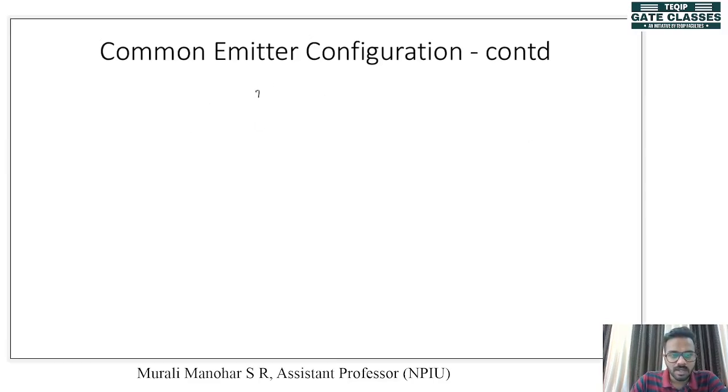Now we can arrive at a relation between input current IB and output current IC. We know that IC is equal to alpha IE plus ICO. Now this can be written as IC equal to alpha into IE, which can be written as IB plus IC, plus ICO. Alpha goes inside the bracket, so it becomes alpha IB plus alpha IC. That alpha IC can be taken to the left hand side.